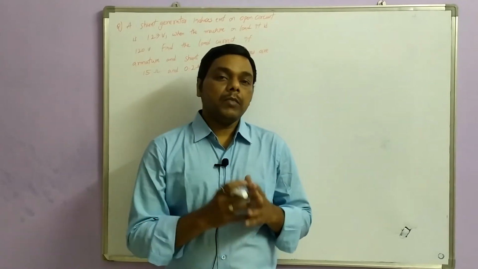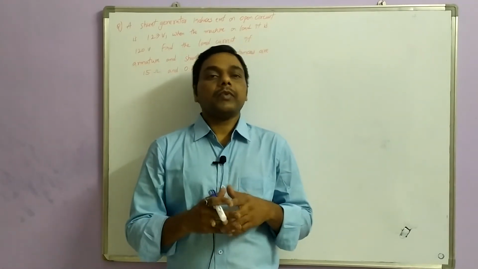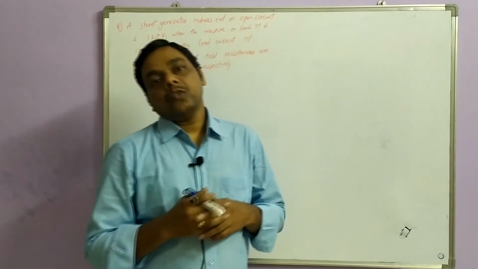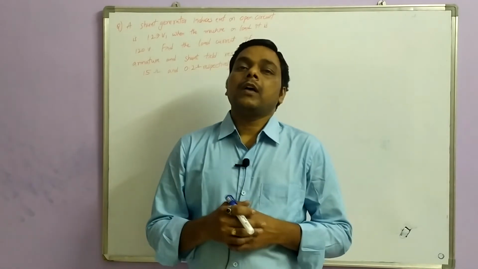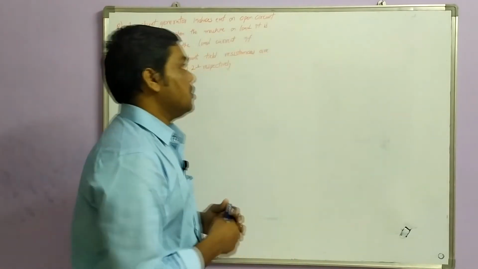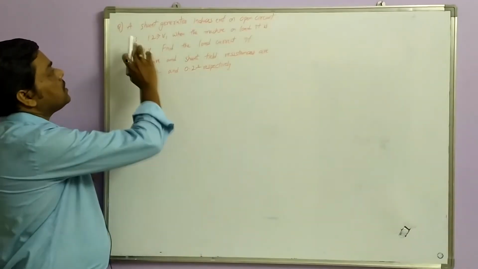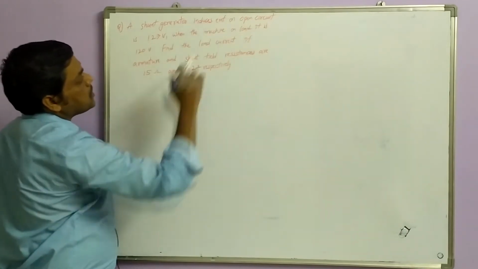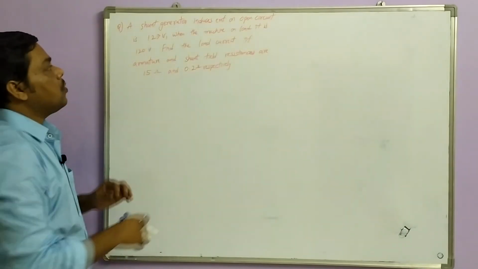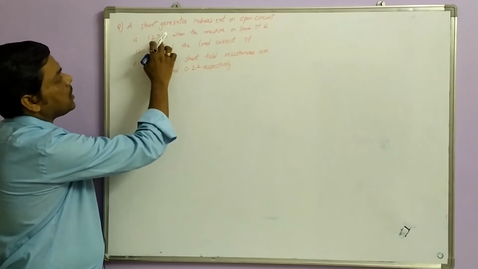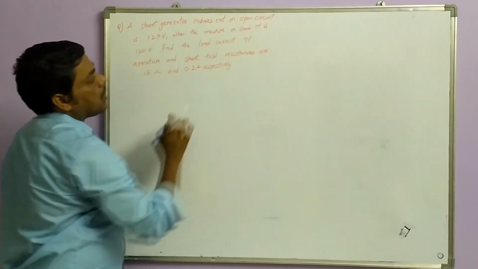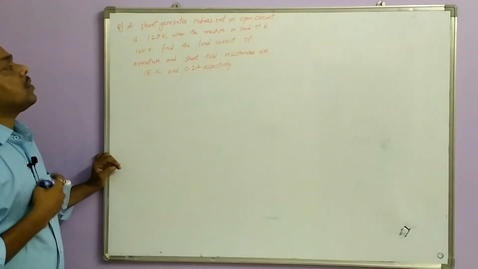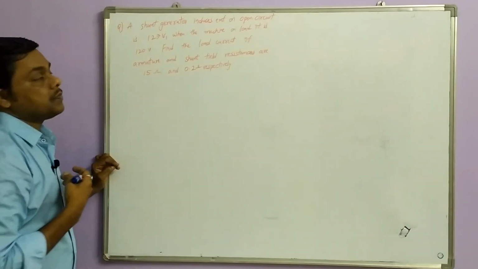If generated EMF and load voltage are given, how do you calculate the load current and armature current? Now the question is: a shunt generator induces an EMF on open circuit of 127 volts. When the machine is on load, it is 120 volts.